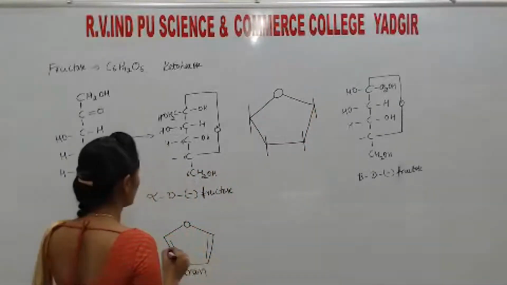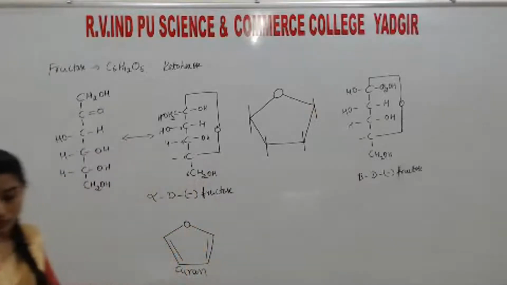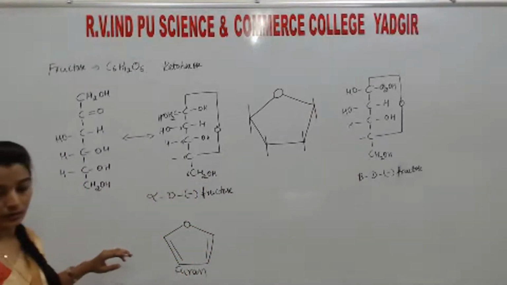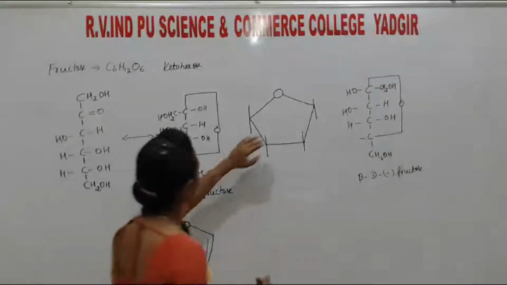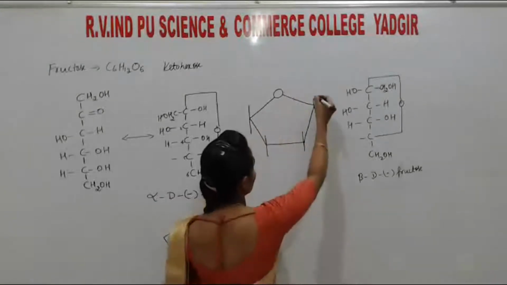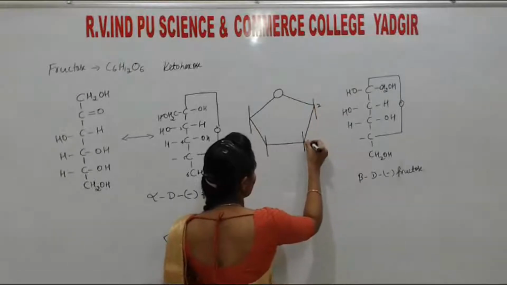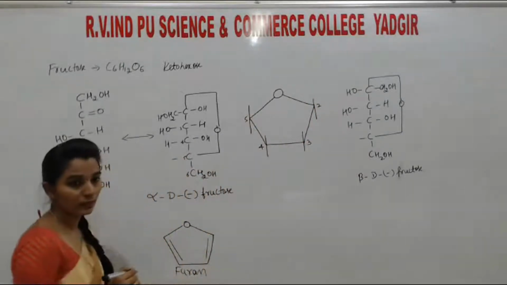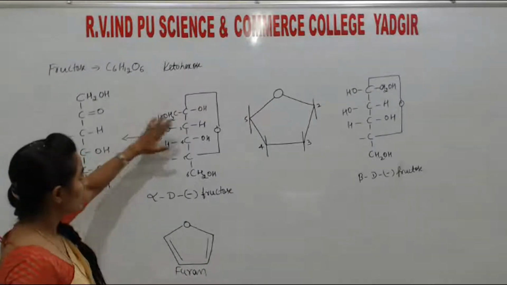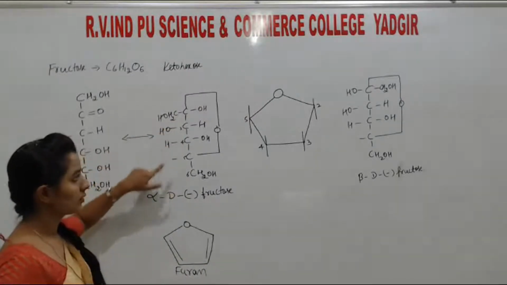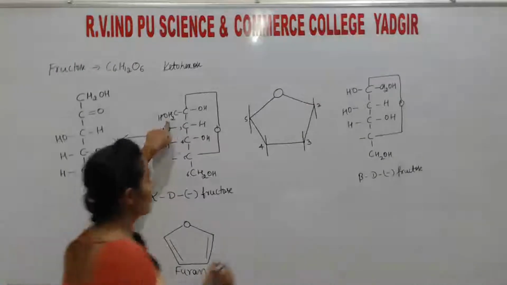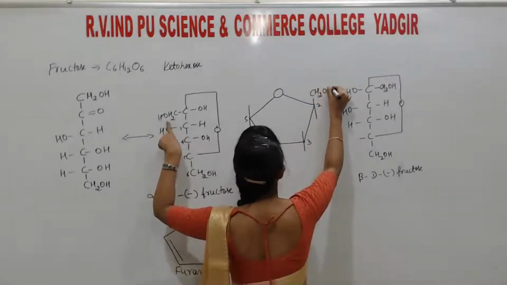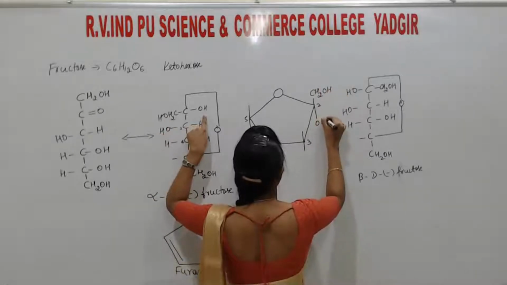Okay. Now assume this is the first carbon atom. Okay, second, third, fourth, fifth. So according to this structure, whichever is on the left hand side, here it is CH2OH, here it is OH.